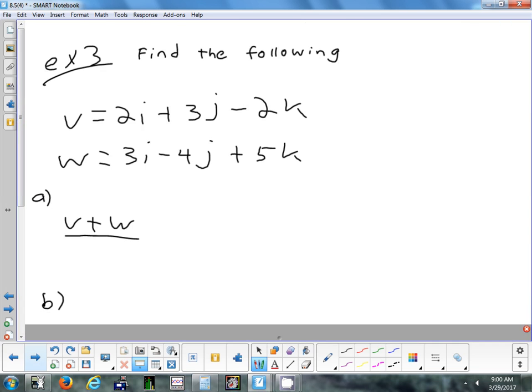Okay, so let's do V plus W. Kayla, what would be my I component in V plus W? Yep, 5 I. Jeff, my J component? Be -1. Yeah, -1. So we could put the -1J, or you can just put -J. And my K component, how about Ayla?